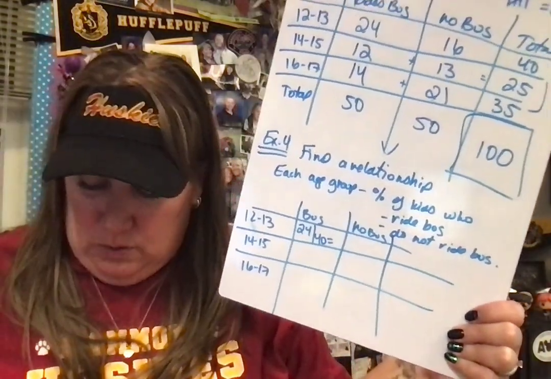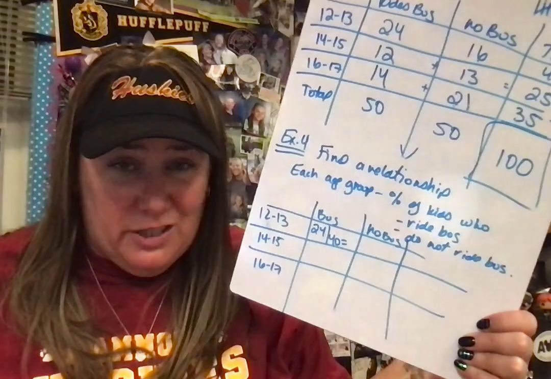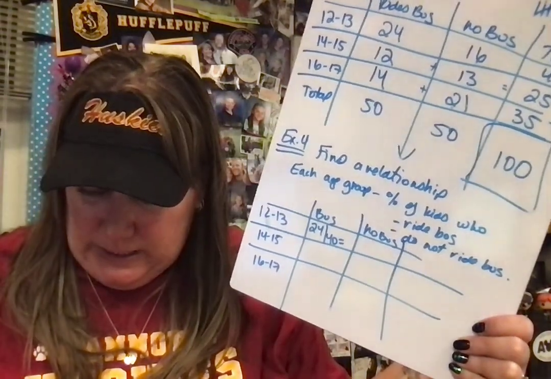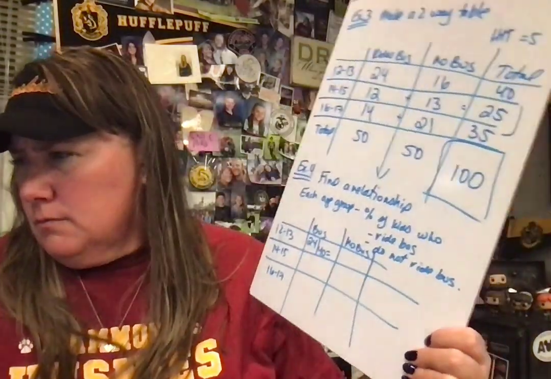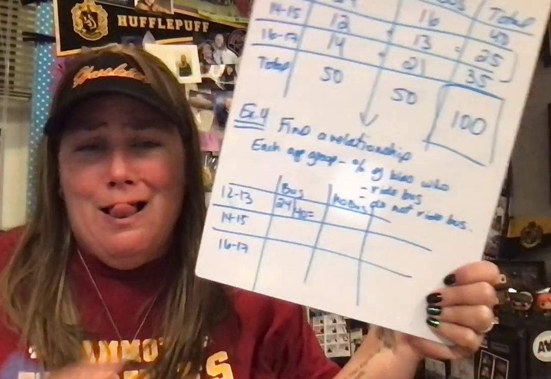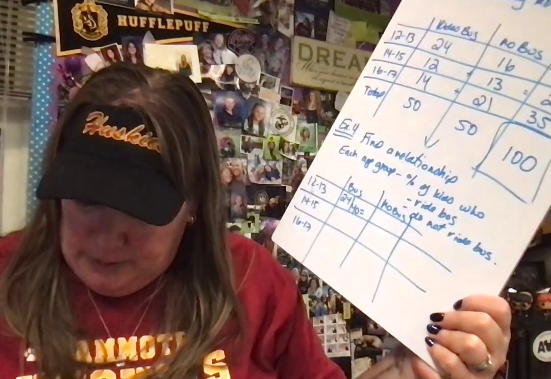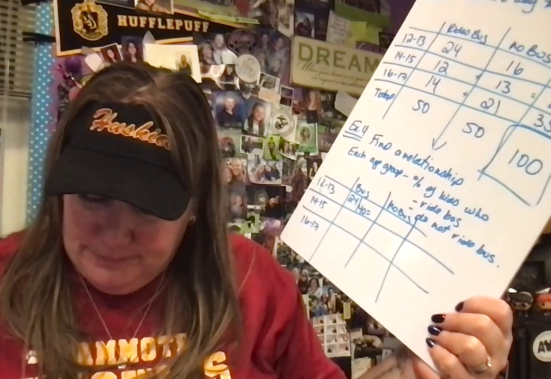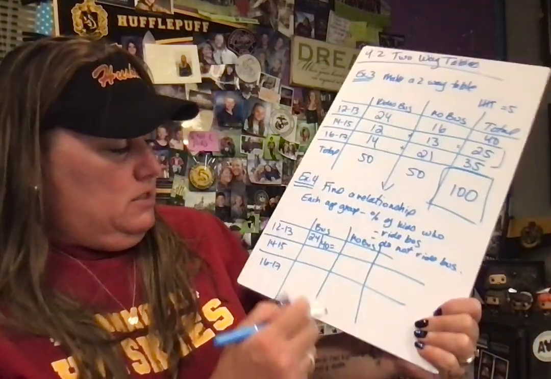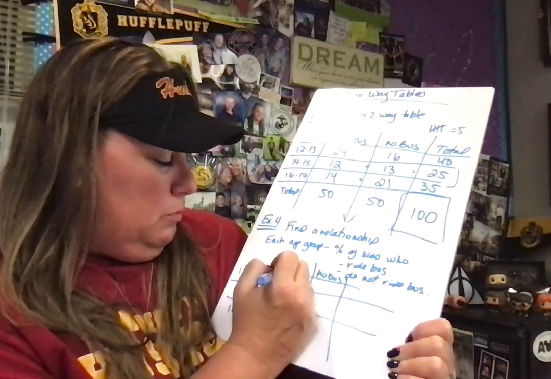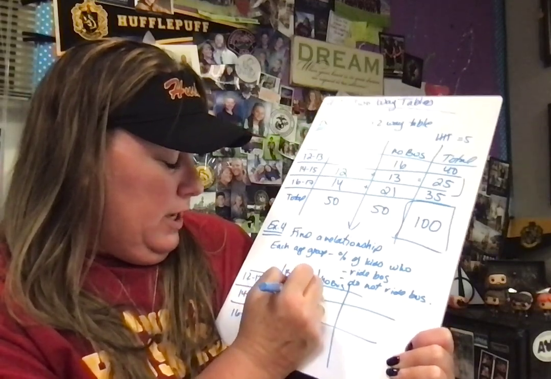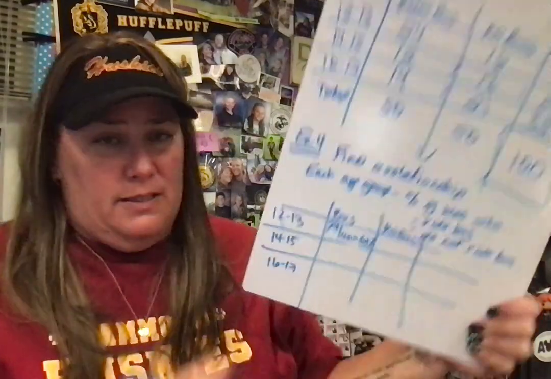Okay. So, rides the bus. So you're going to go 24 on your calculator divided by 40. Sorry, long day. 24 divided by 40. That's much better. Okay, so I'm going to rewrite this because I need more room, but you're going to put 24 out of 40, and that's equal to 60%.